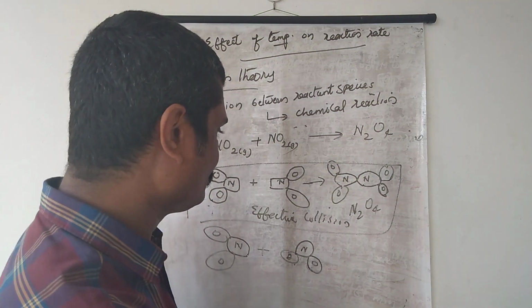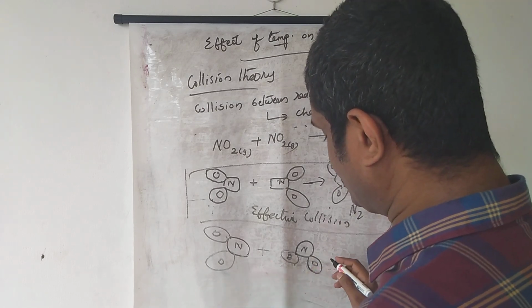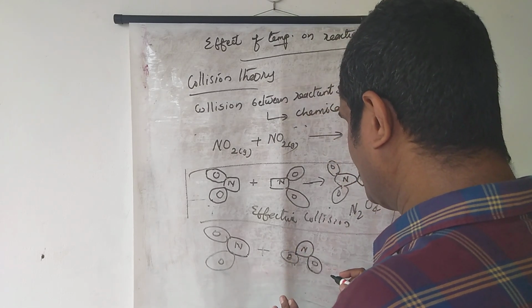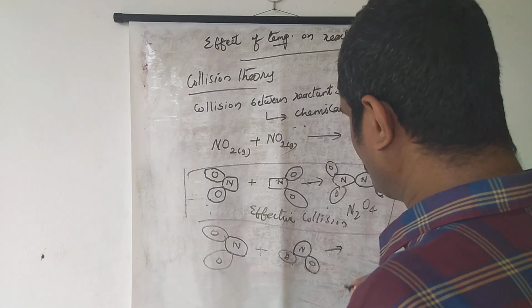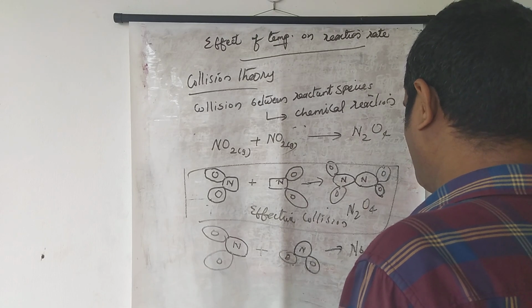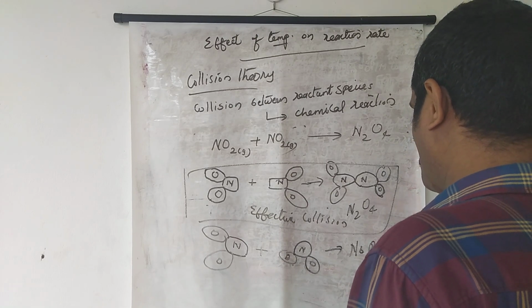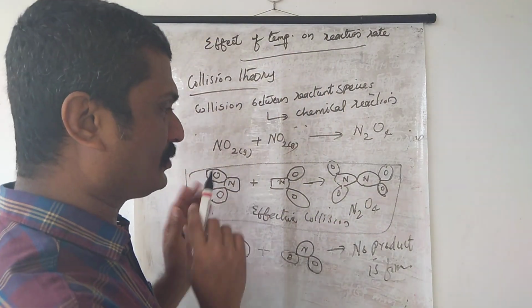Here, when two NO2 molecules approach each other, the molecules repel each other, and you won't get the product N2O4. No product is formed. The first type of orientation is the proper orientation.